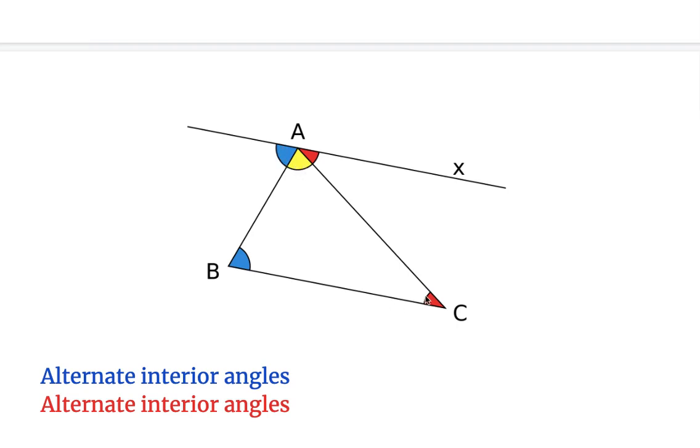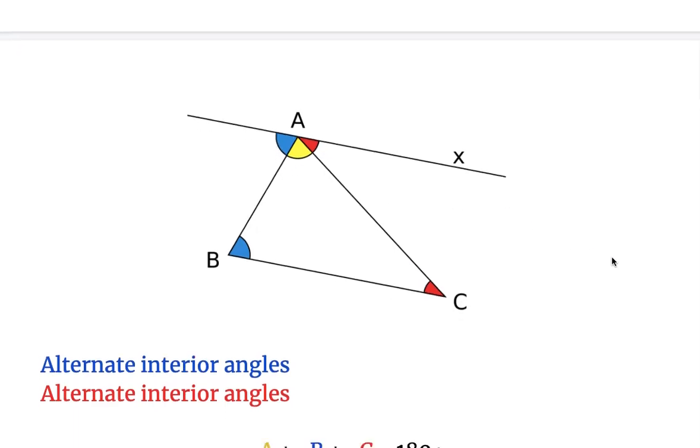And then the red ones are alternate interior angles as well for this line because they're on opposite sides. One's on the left, one's on the right, and they're inside these two parallel lines. So in the same way, I can rotate angle C and translate it up, moving that angle C, the red, up here. And now you'll notice angles A, B, and C are on one straight line.